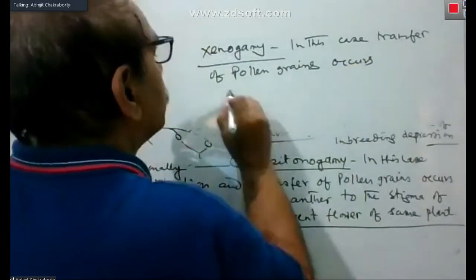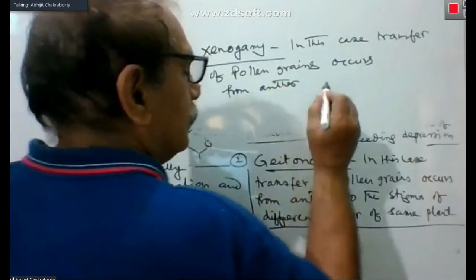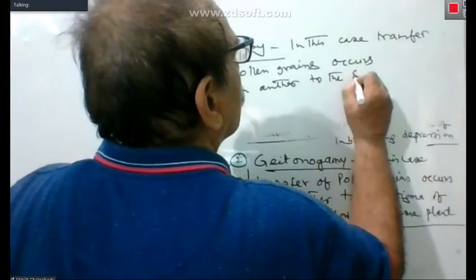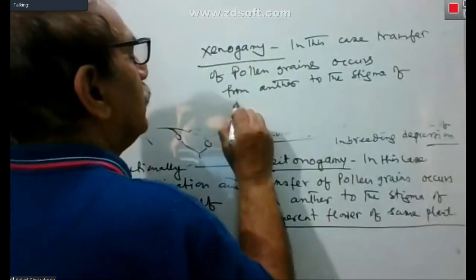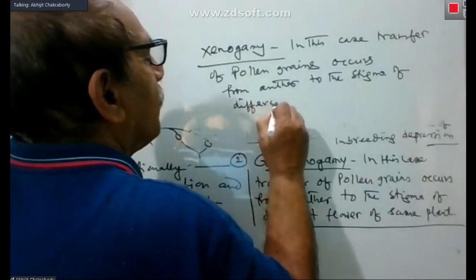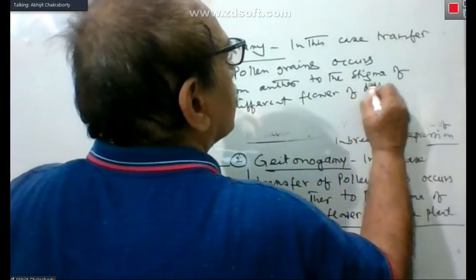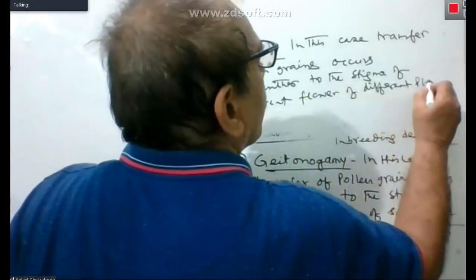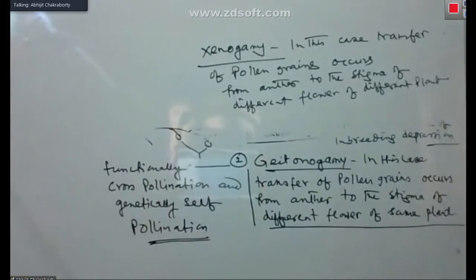Here pollen transfer occurs from the anther to the stigma of a different flower of a different plant. Okay?